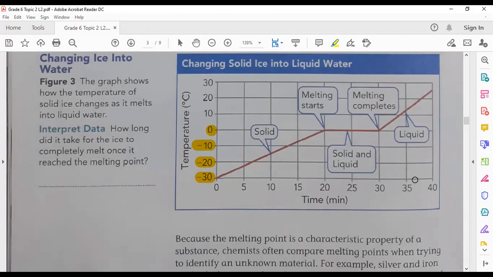This side shows the time: 0 minutes, 5 minutes, 10 minutes, 15, 20, 25, 30, 35, 40. If you understand this graph, you will understand what melting point is and what happens to the ice cube.